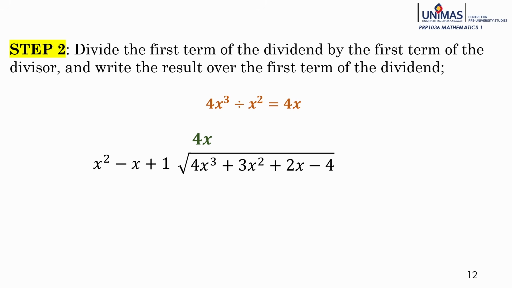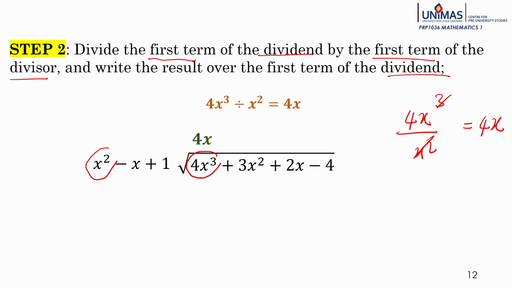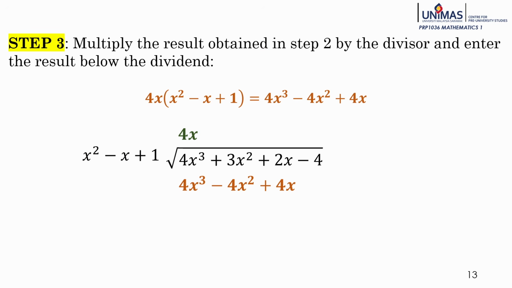Step 2: divide the first term of the dividend by the first term of the divisor and write the result over the first term of the dividend. So 4x cubed divided by x squared simplifies to 4x, so we put 4x here.